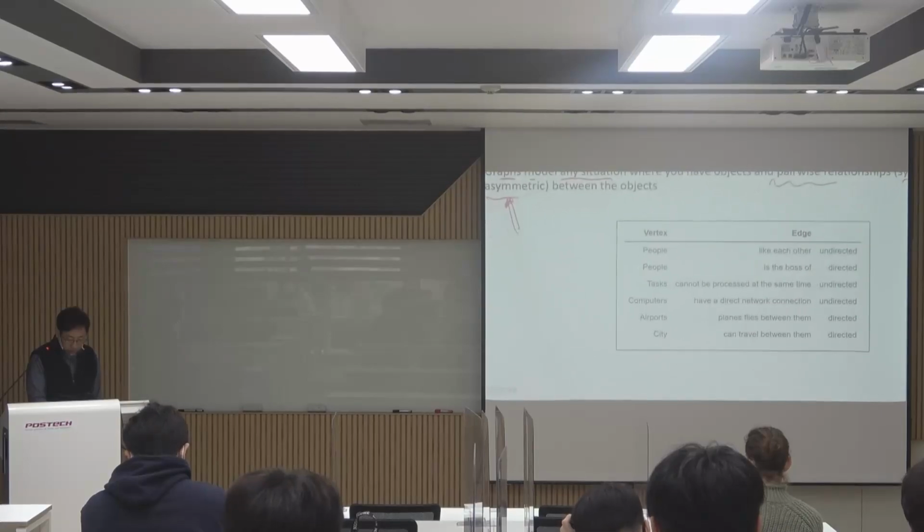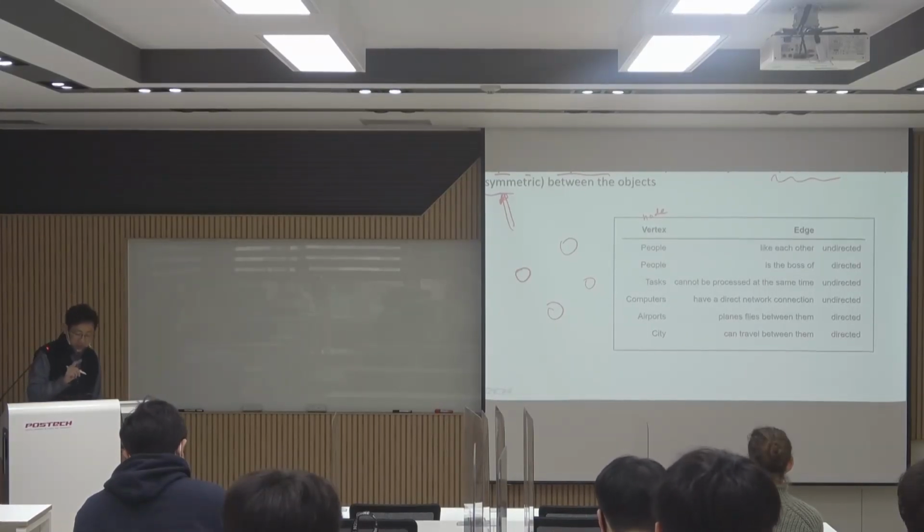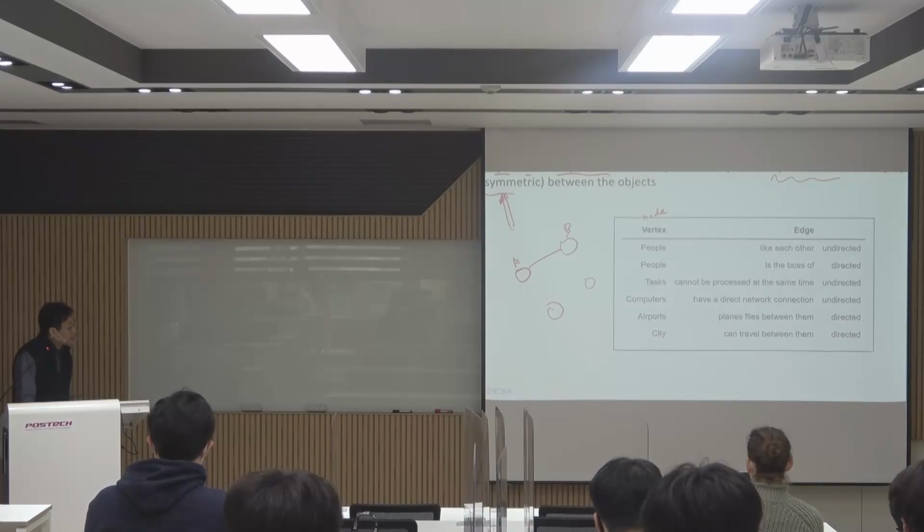Here are some examples: the vertices are nodes. Say we have people A, B, C and D, and if people like each other, for example person A and B like each other.